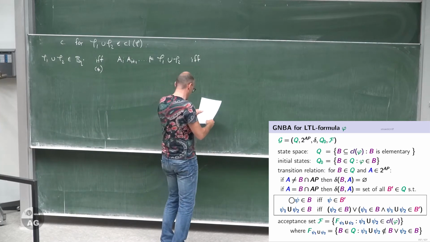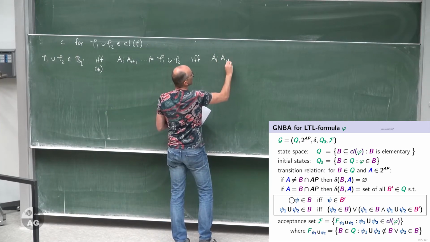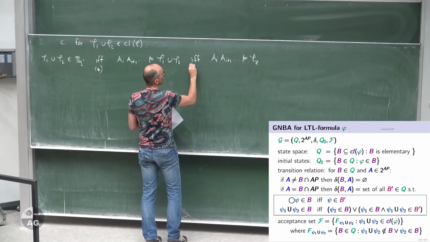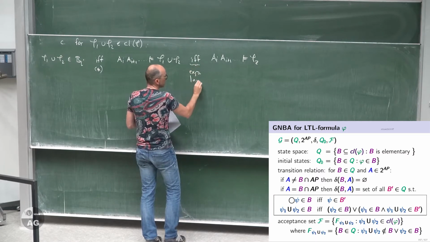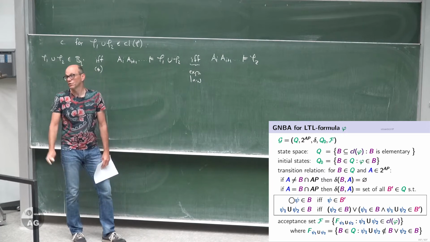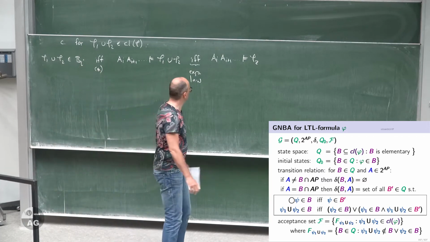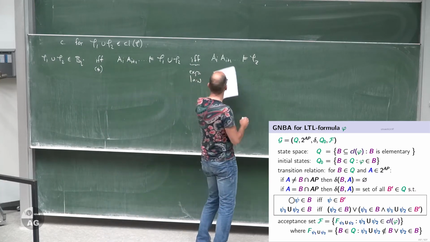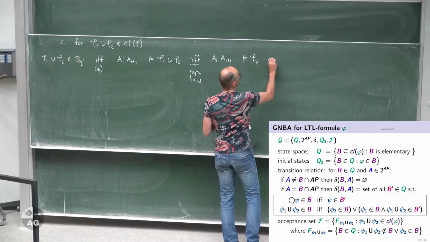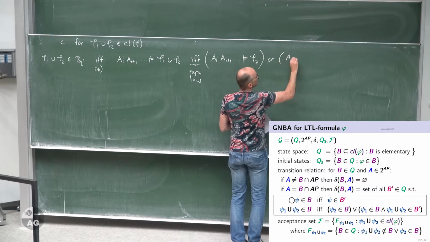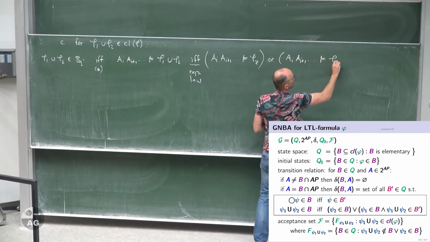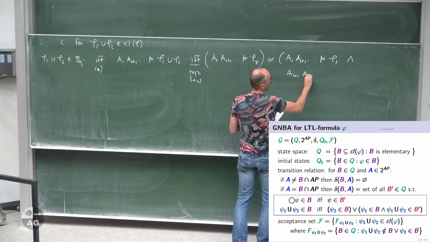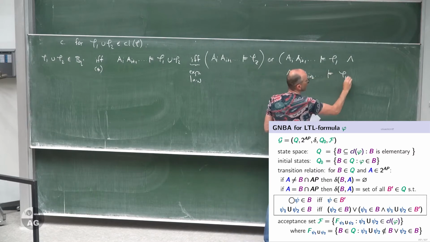But this is true, as you all know. That means that either Ai+1 satisfies phi2. So here I use the expansion law. I was already hinting at the point that the expansion law is crucial in this algorithm, and here is one of the places where we use it. This means that Ai+1 satisfies phi2, or Ai+1 satisfies phi1, but then also the next state, so starting from Ai+1, Ai+2, it needs to satisfy phi1 until phi2.